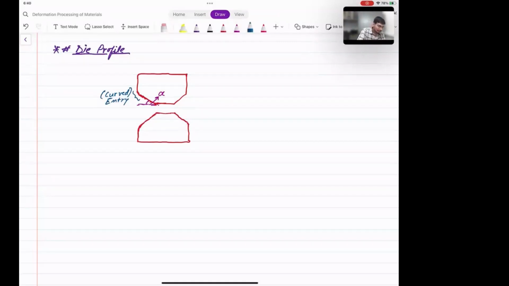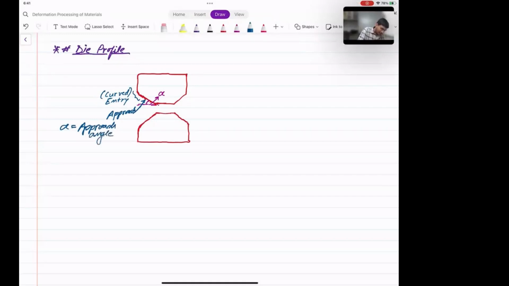Okay. So this section is known as the approach. This is the approach. And after this, this angle, it is the bite angle, also known as the approach angle. So alpha is the approach angle.